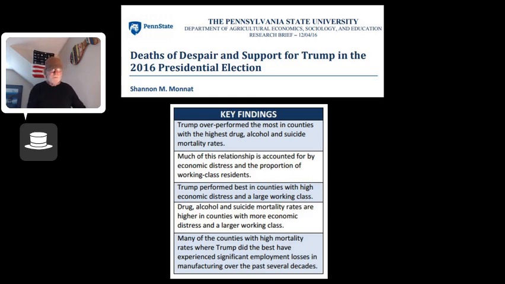Death and Trump. That would be the headline. Death and Trump. It's not funny. I mean, this is dark humor. The counties that had the highest levels of what were described as deaths of despair, Trump overperformed. That means he did better than anyone would have expected him to do in that county for a Republican candidate.